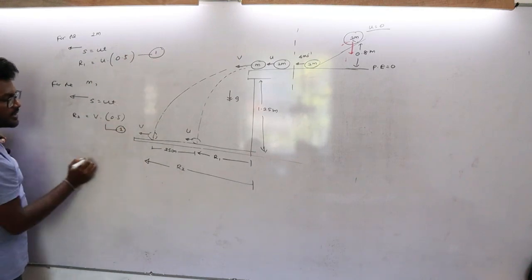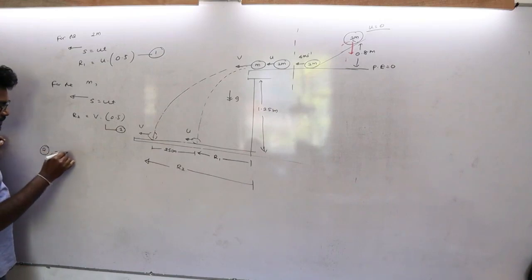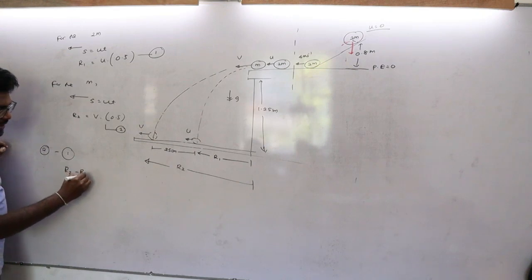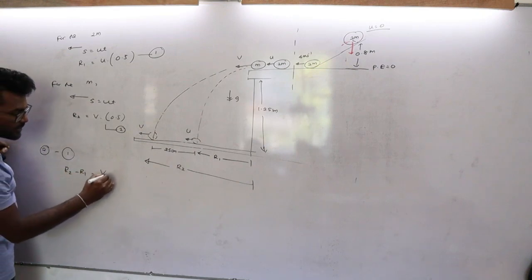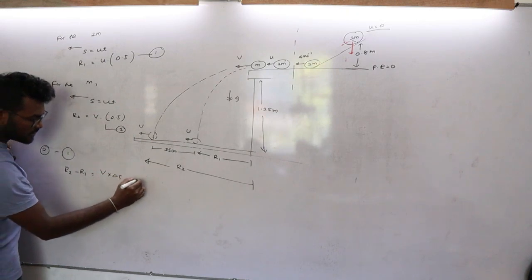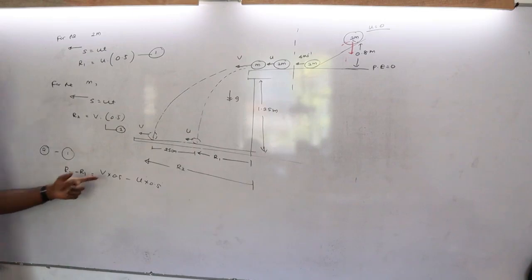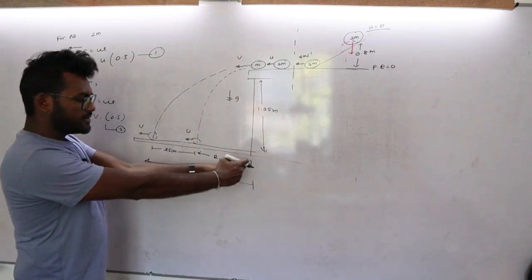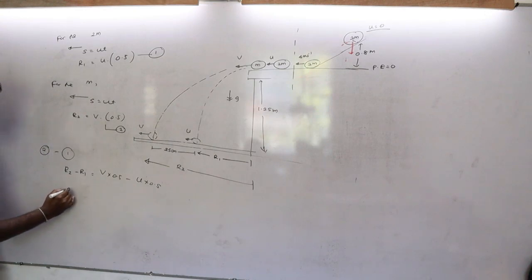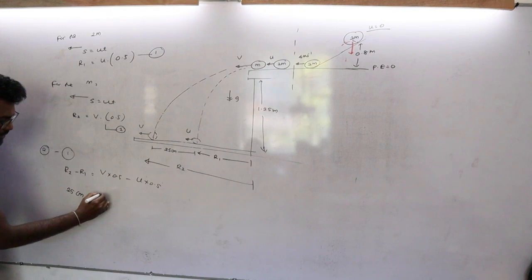What if I subtract 2 by 1? Then I'm getting r2 minus r1, that is equal to v times 0.5 minus u into 0.5. What is this r2 minus r1? This is r2, this is r1, and we found that it to be 25 centimeters, that is equal to 0.5.